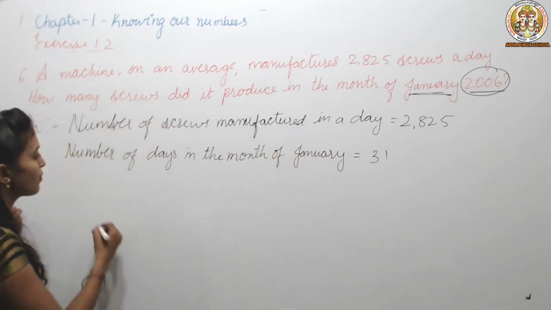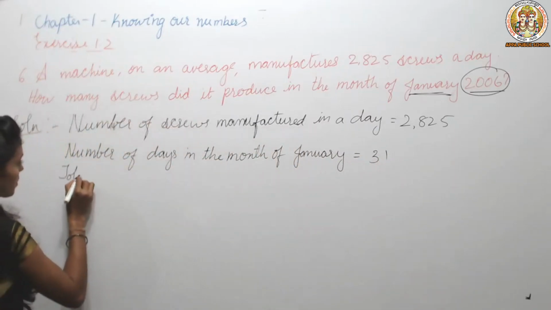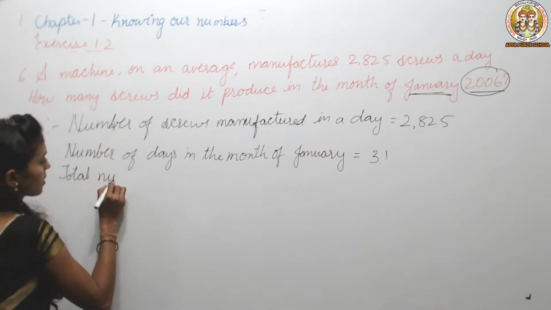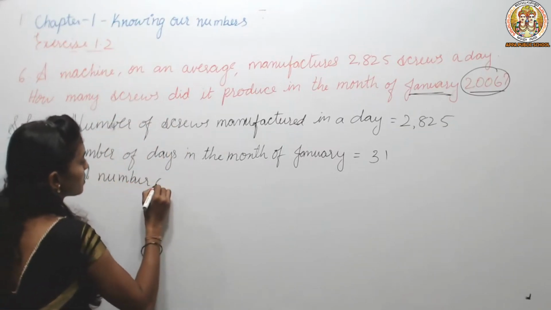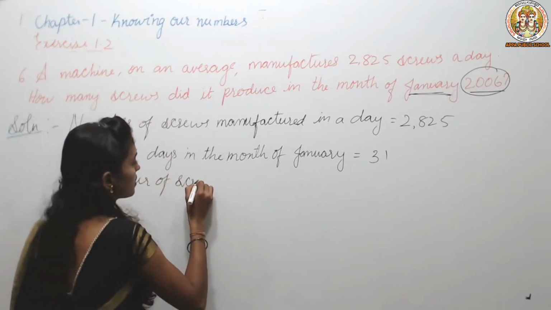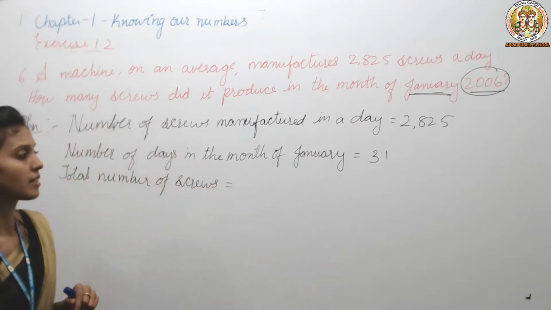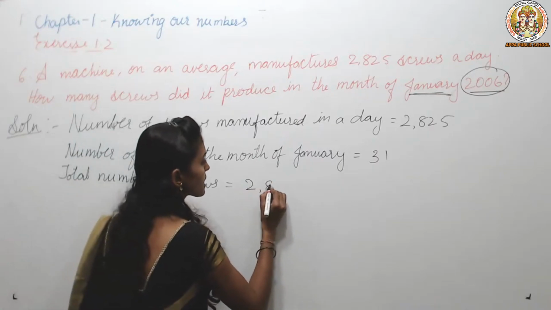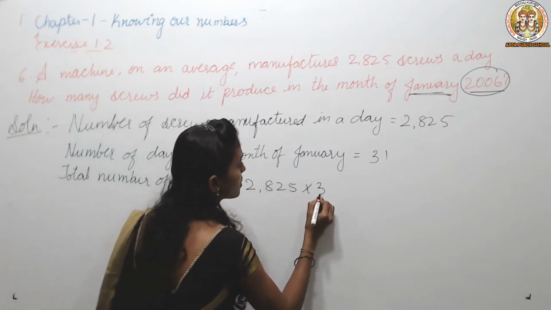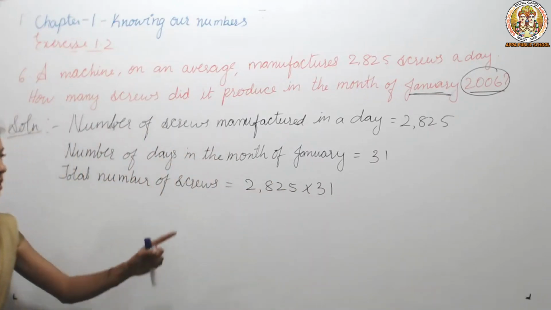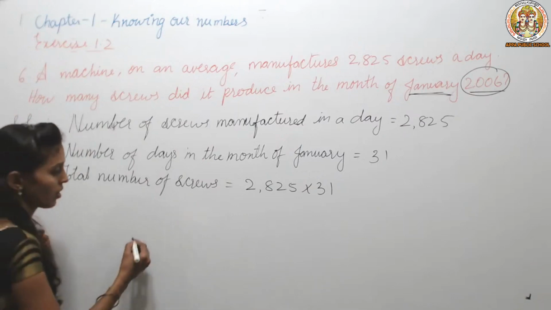Then the total number of screws manufactured by the machine is 2825 into 31. Multiply those two.